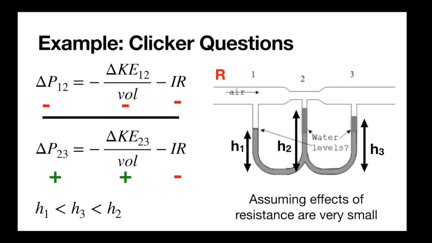And if we assume resistance is really small, then my pressure change between 2 and 3 will be positive, which gives me a drop in the height, right? If my pressure change is positive, pressure at 3 is greater, pressure is pushing down more on the surface of the fluid, so it is down lower. And both of those, we decided, have a lower pressure than 1. So they should have higher fluid levels.